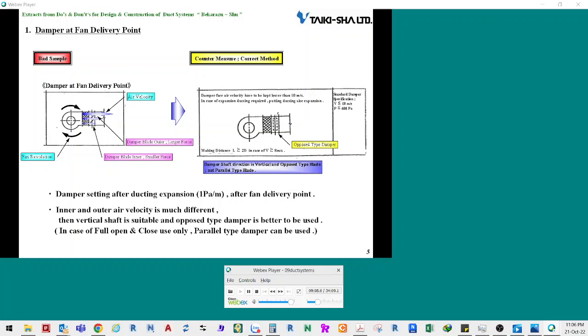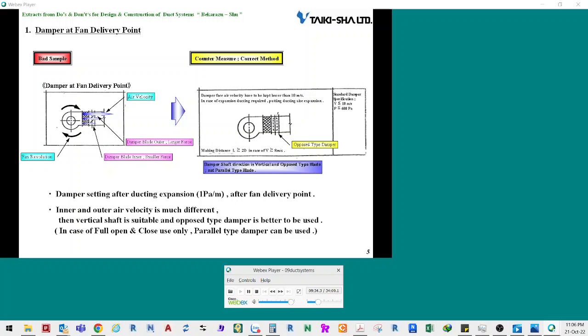Next, direct the damper axis in the lengthwise direction of the revolution of the fan blades. If the damper axis is in the lengthwise direction of the revolution of the fan blades, every damper blade receives the same pressure. Select opposing blades when dampers are used for airflow control.